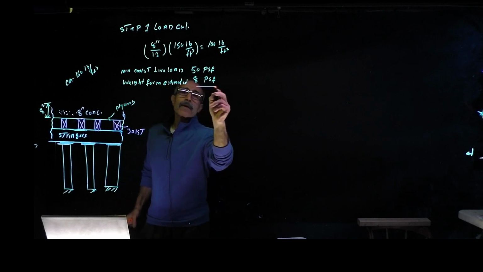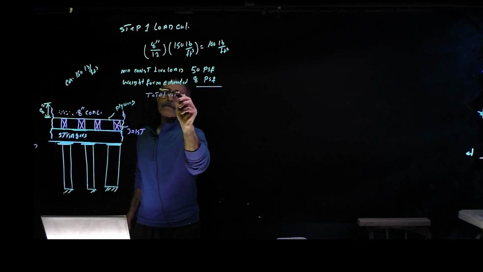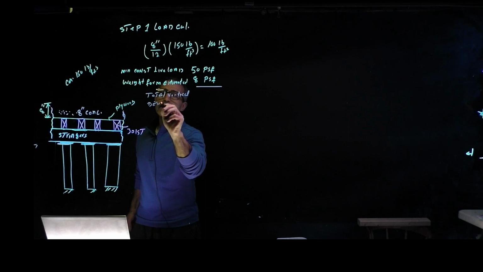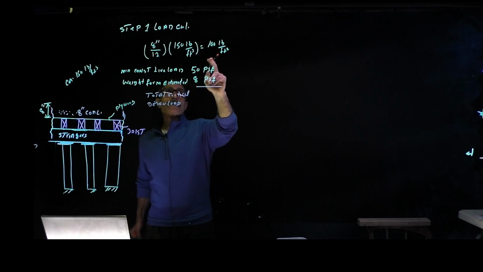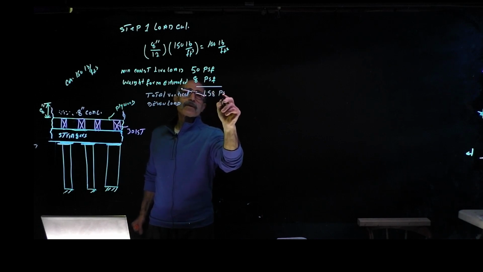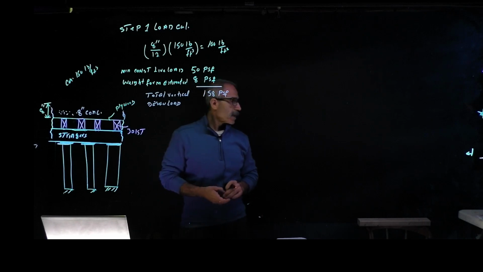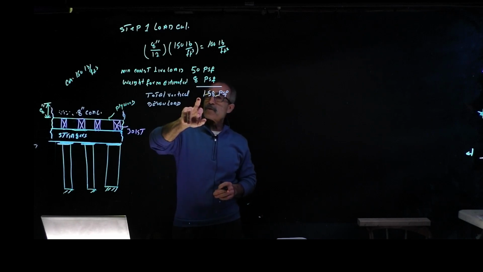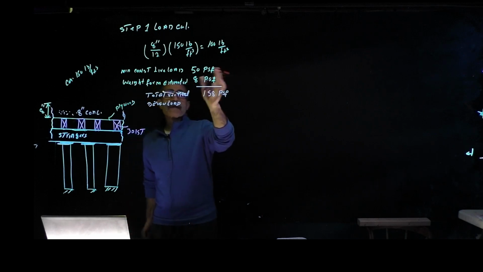So my total vertical design load is 158 pounds per square foot. One thing you have to remember is this design load is used for bending and flexural, but for deflection we're going to take the live load out.